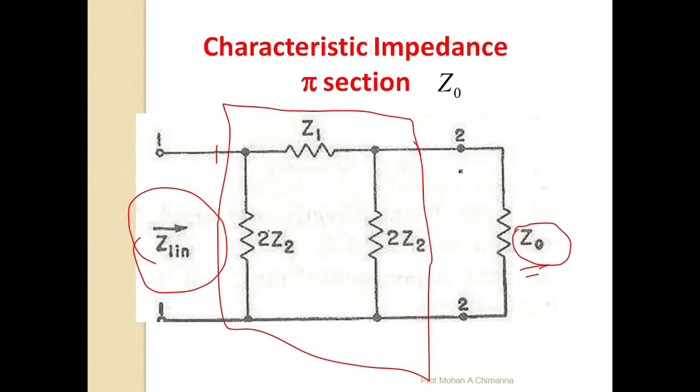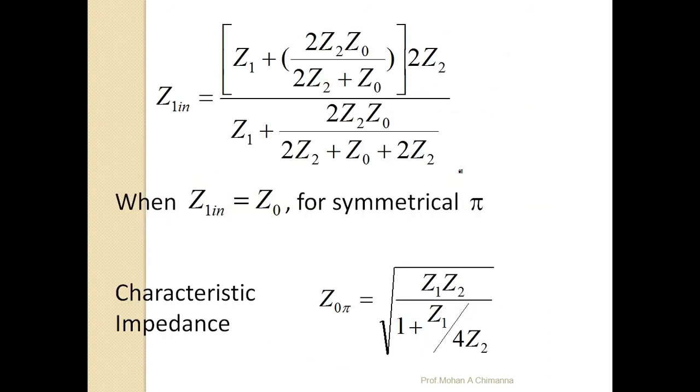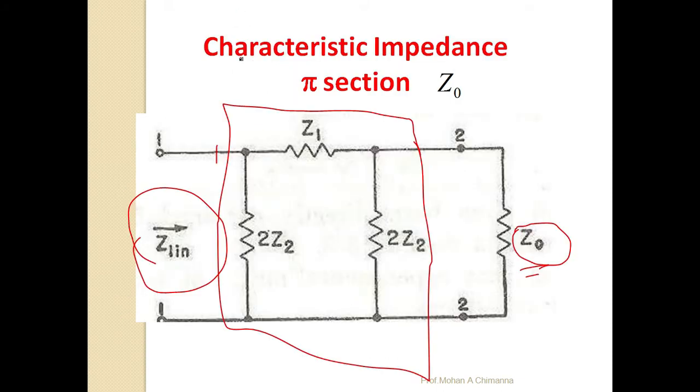For this, the characteristic impedance of the pi section, again we have to find out the output impedance. So for Zin, what happens is that due to the source applied at the input port, I1 and I2, the current will be divided.